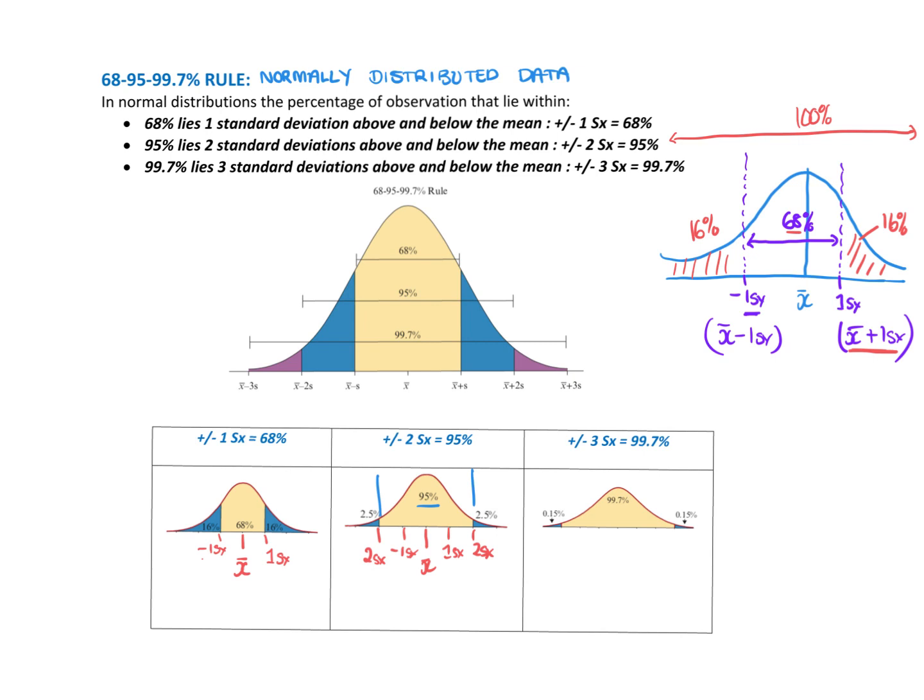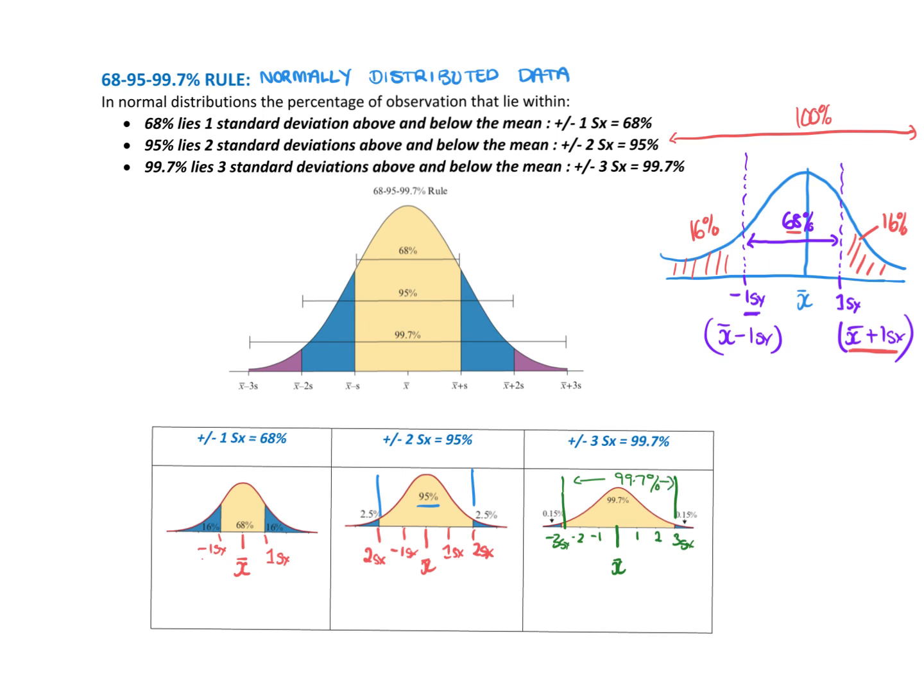And then the last one that we will talk about, because in this last one, we're nearly covering the whole of the data. If you go up 1, 2, 3 standard deviations, and minus 1, 2, 3 standard deviations, between those plus and minus 3 standard deviations, we have 99.7% of the data.